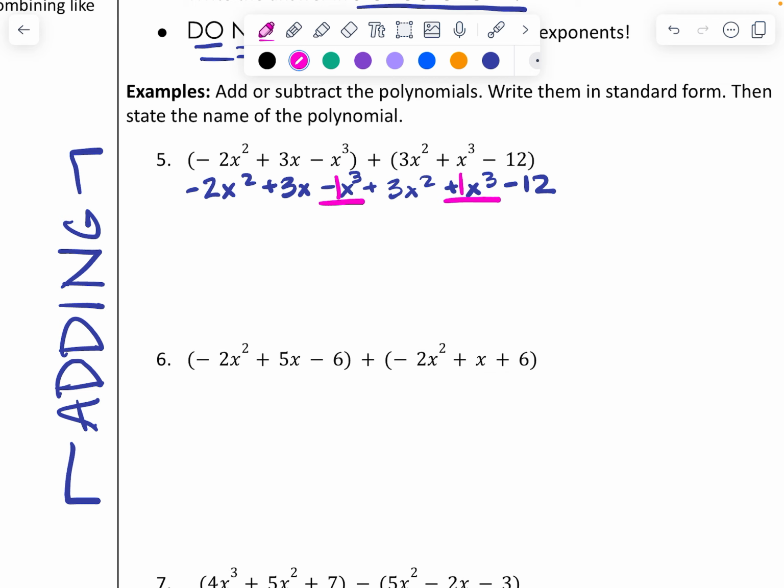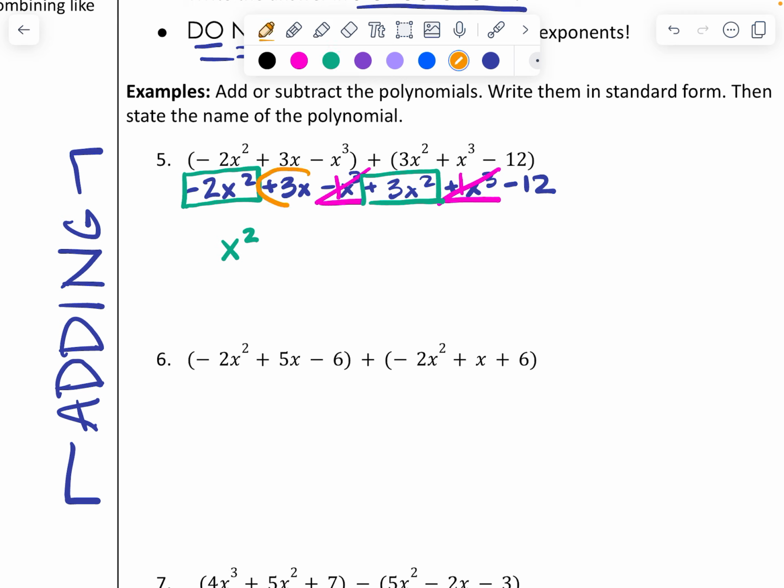So negative 1 and positive 1 is 0. So those cancel each other out. Then we have negative 2x squared and positive 3x squared. When we add those together, we get a positive 1. You do not have to write the 1, x squared.